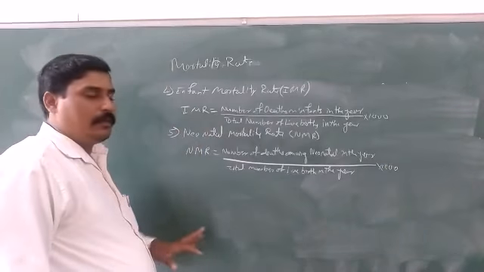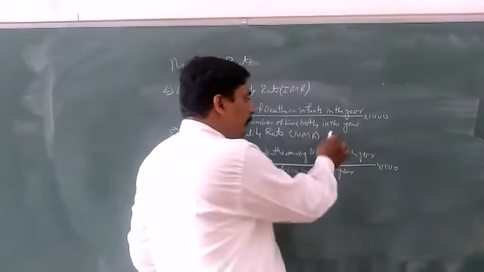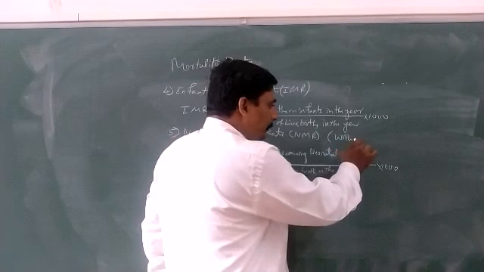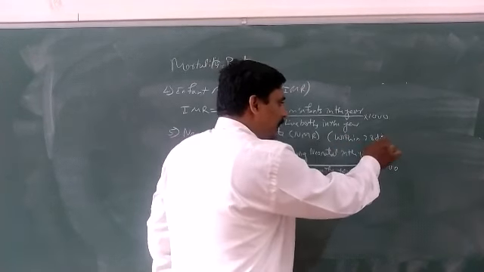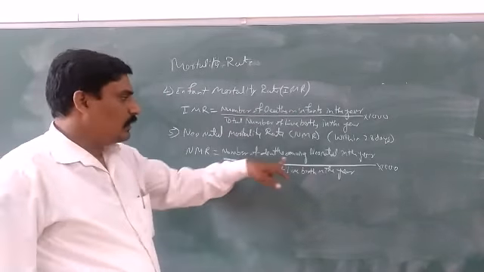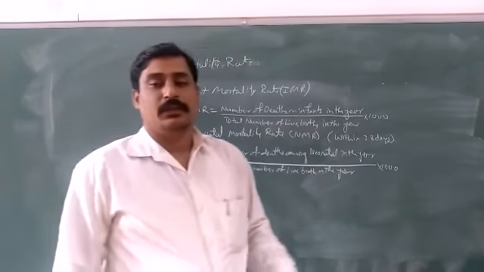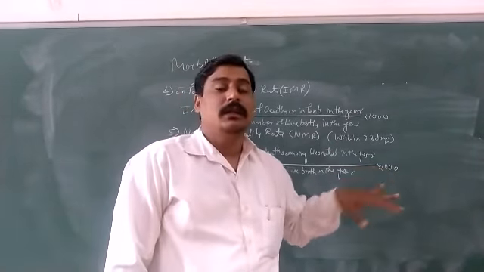Neonatal means what here? Within 28 days. If a baby dies within 28 days. So the number of neonatal deaths divided by total number of live births. So out of total live births, how many are dying here?